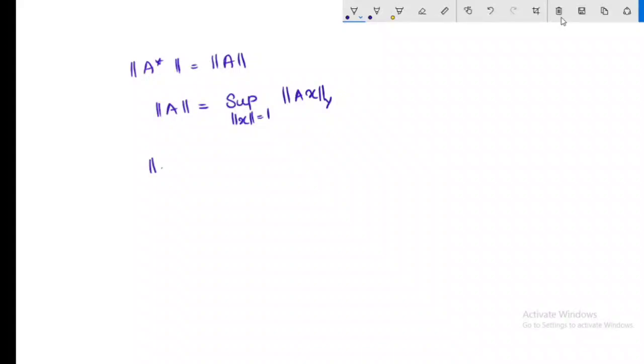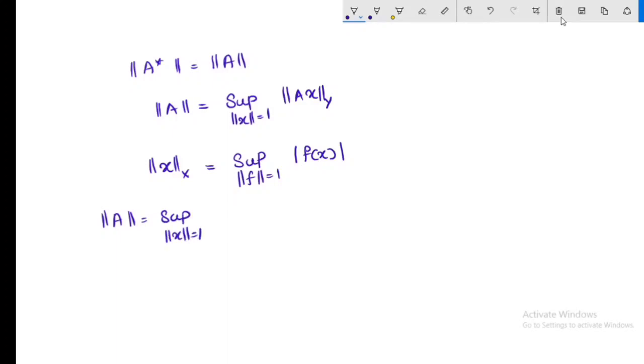There is another result. Norm of x is same as supremum over norm of f equal to 1 of modulus of f of x. We have proved it yesterday. Using this result, we get norm of A equal to supremum over norm of x equal to 1 of norm of Ax.